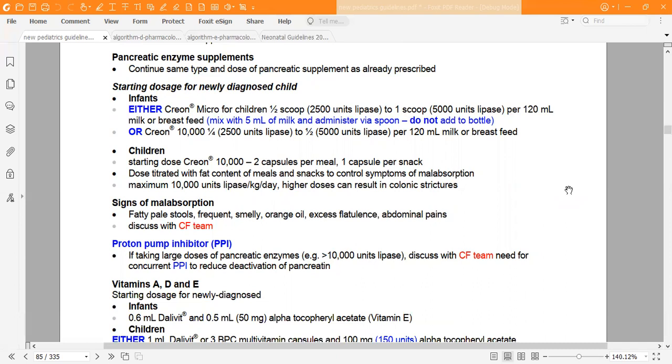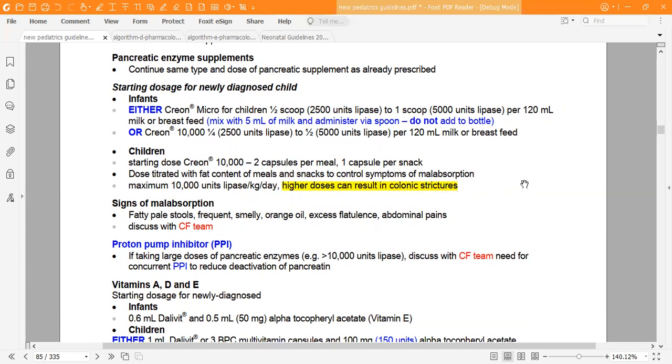So that's very important, that is a side effect of Creon or the pancreatic enzyme capsules. When they take a higher dose, they may be predisposed to colonic stricture.